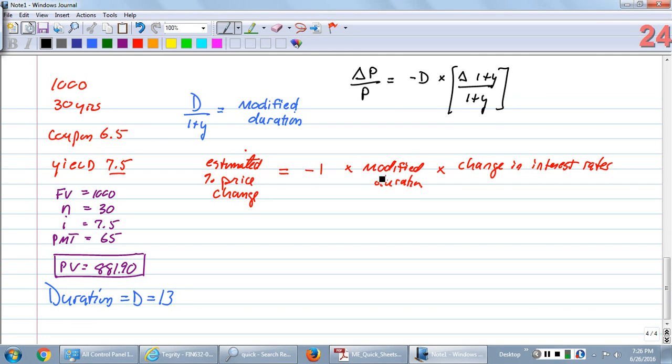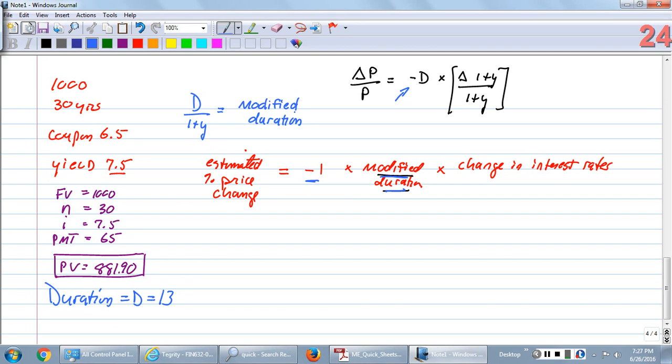Because right here I have modified duration, and I've got a -1. So let's start there. There's a -1. And then my formula here says modified duration, which we've said is equal to Macaulay duration divided by 1 plus the yield. Macaulay, named after Frederick Macaulay.